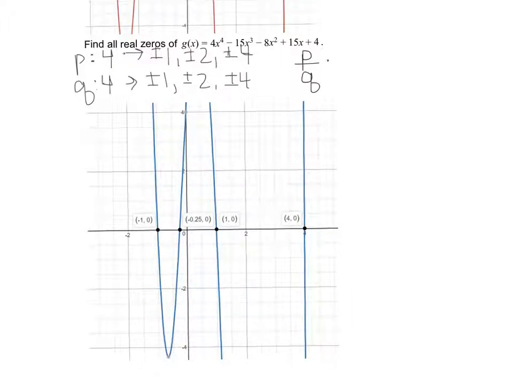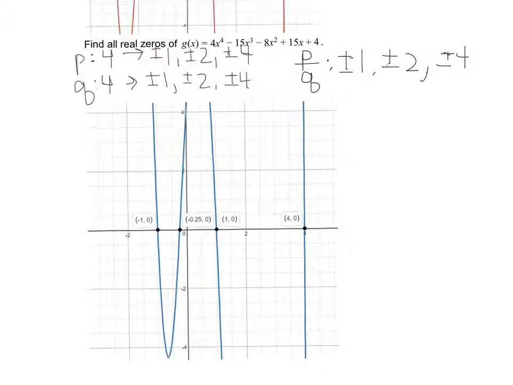Our first number we're going to divide by is 1. When I divide all of the factors of P by 1, I get the exact same, so I get plus or minus 1, plus or minus 2, and plus or minus 4.